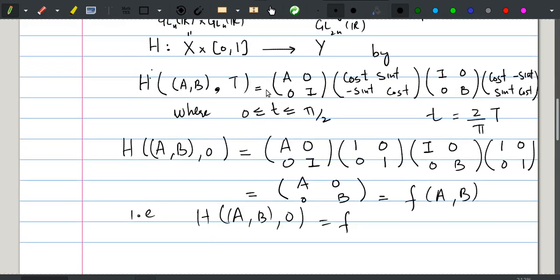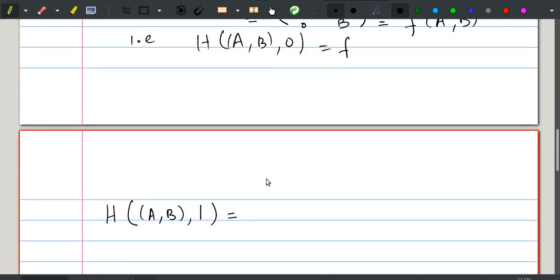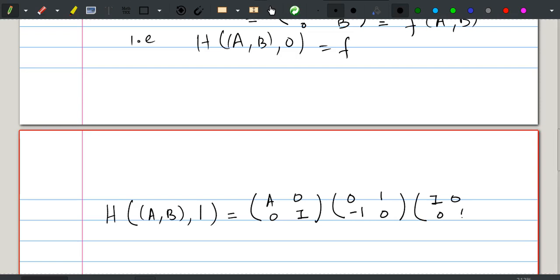Similarly, when we restrict this h to 1, I mean pi by 2, sorry, 1, we'll get over here a 0 0 I, then 0 1 minus 1 0, and then I 0 0 b, and finally 0 minus 1 1 0.